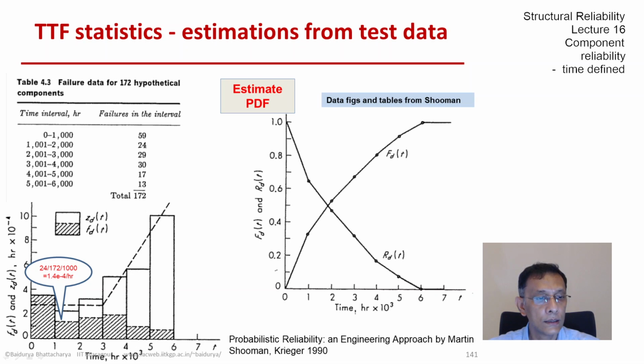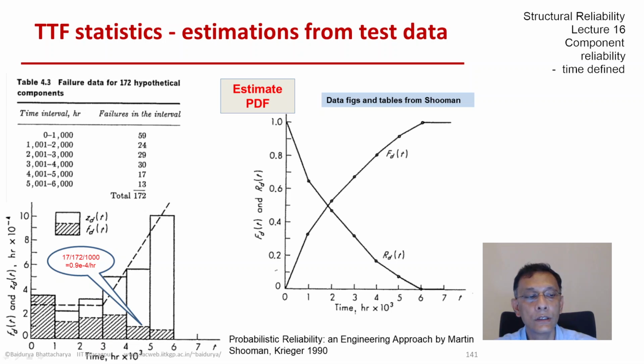The next one is 29 failures occurred in the interval 2000 to 3000 hours, and that gives me 1.7 times 10 to the minus 4 per hour. The next one, there were 30 failures between 3 and 4000 hours, so that gives me 1.7 times 10 to the minus 4 per hour. The next one is 17 failures occurred.